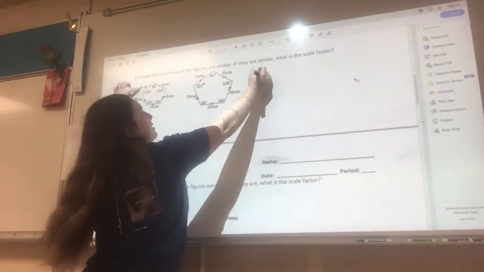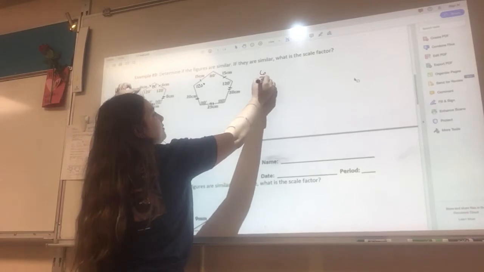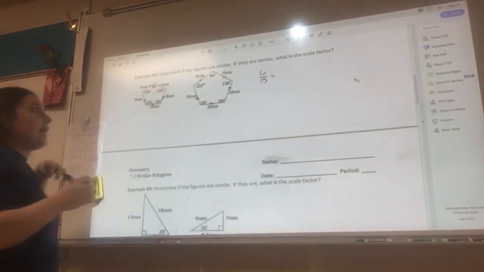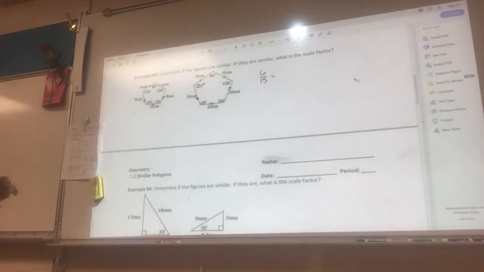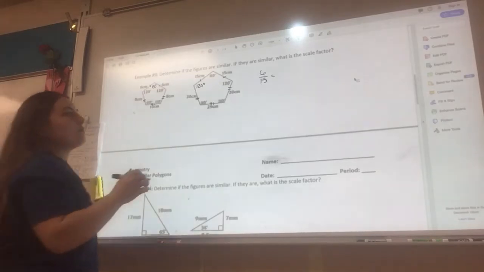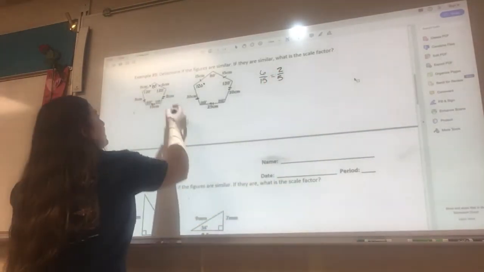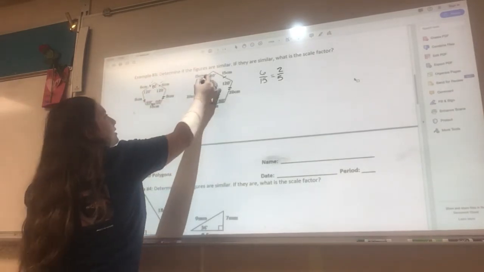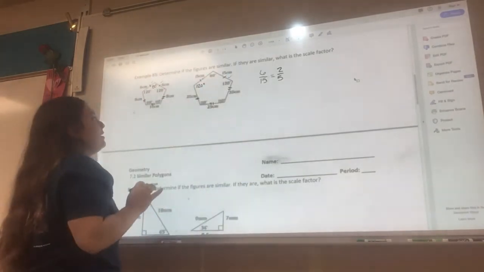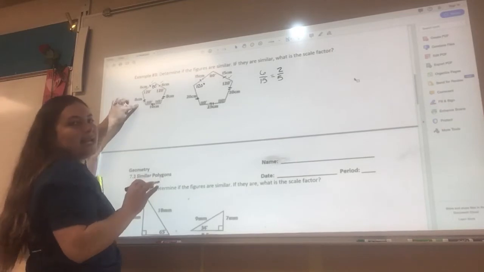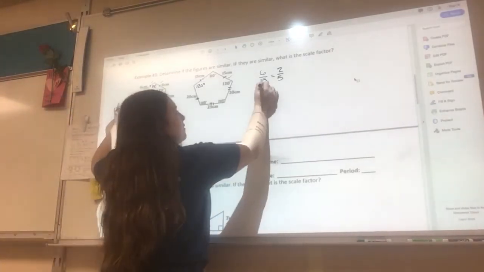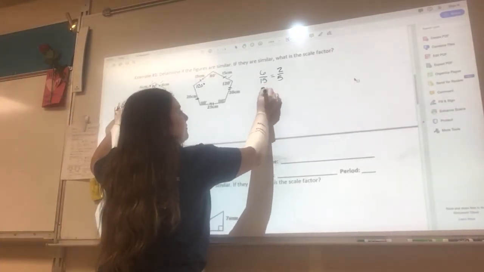we're going to go with 6 over 15. Well, 6 over 15 can be simplified because they both have factors of 3. So we're going to see this comes to be 2/5. So that takes care of our 1s. Now we need to check our 2s, which is 8 and 20. So 8 over 20.